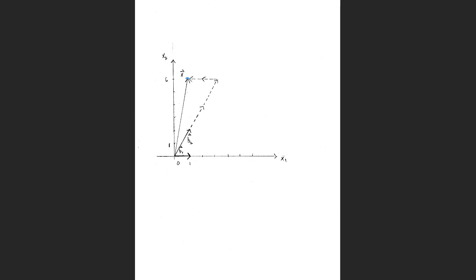That's the coordinate for my vector x. B1, that vector, was 1, 0. And B2, okay, hold on, that vector was 1, 2.